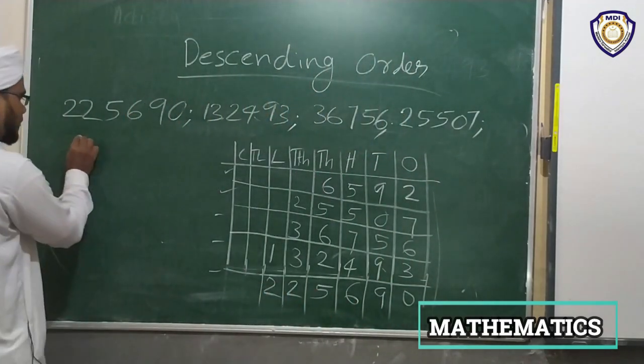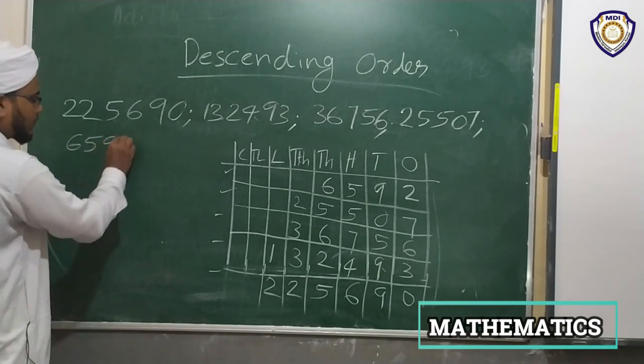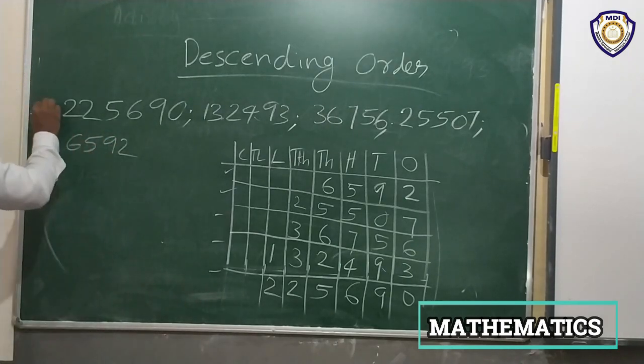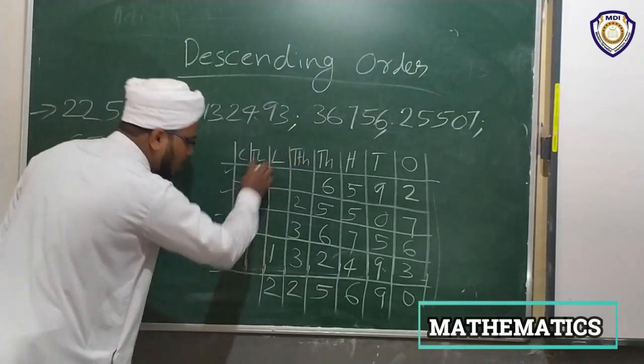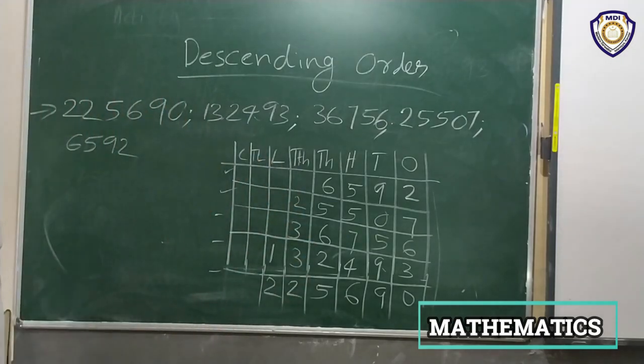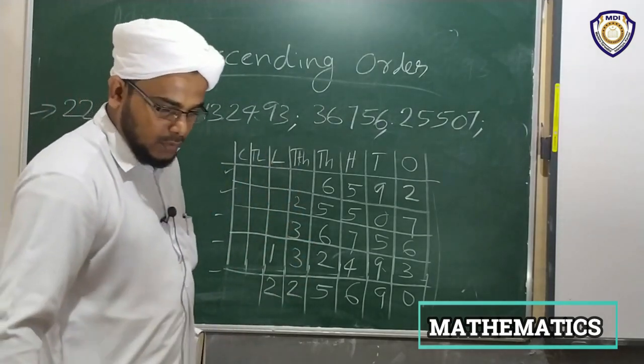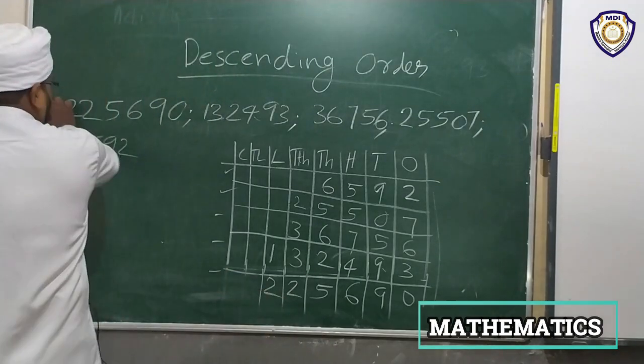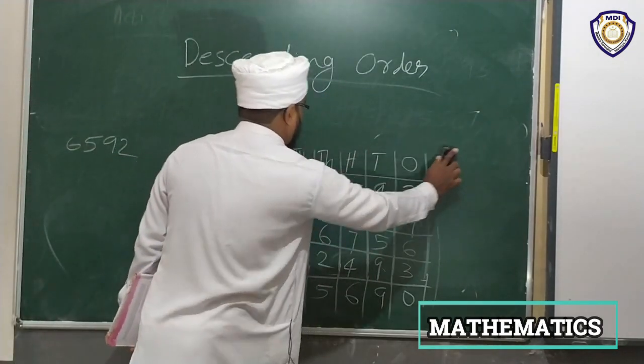Okay, this is the descending order of these numbers. I think you have understood, you have got these points.